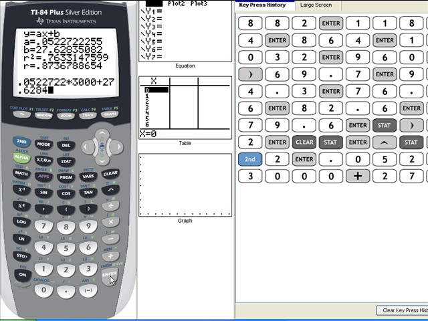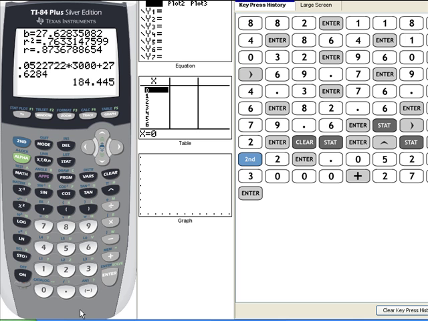Alright, so our predicted temperature is 184.4 degrees Fahrenheit, or about 184 degrees.